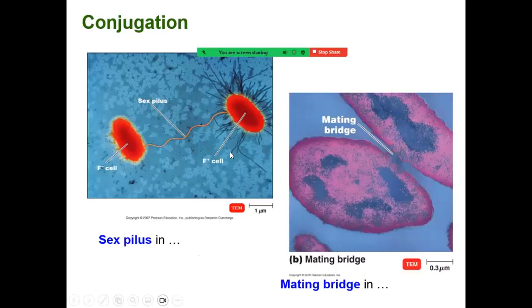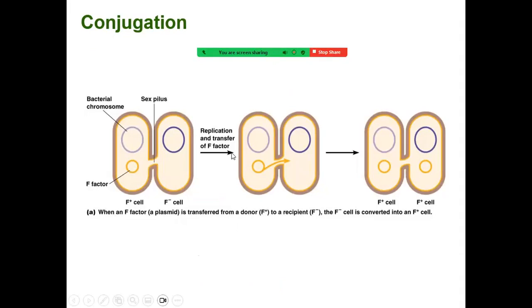through the sex pilus. What happens when the two cells are connected by the sex pilus is this cell has a plasmid called the F plasmid, which has the F genes on it. Not terribly creative in the words here, but one of the genes on this plasmid codes for the production of the sex pilus.